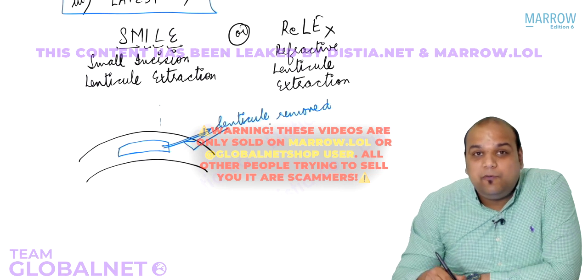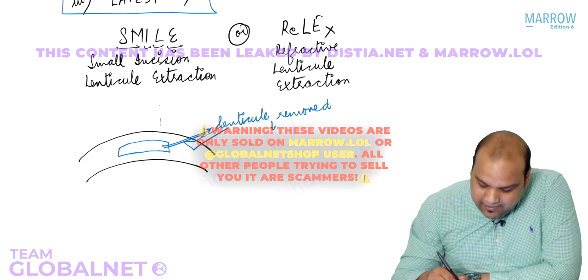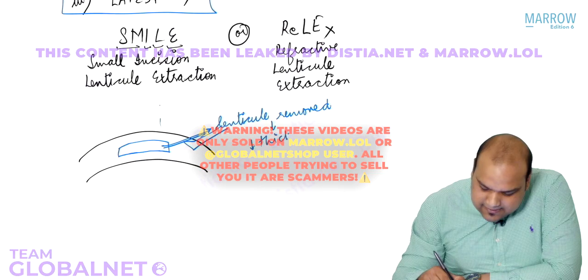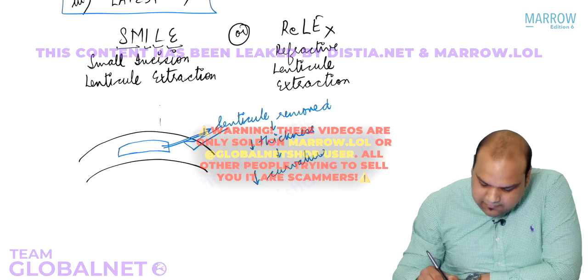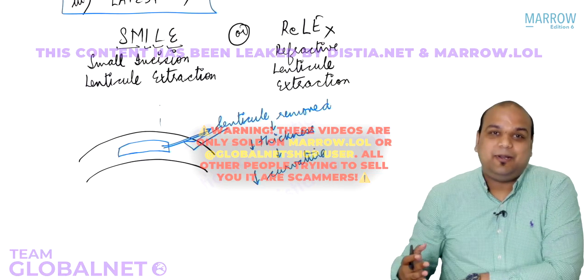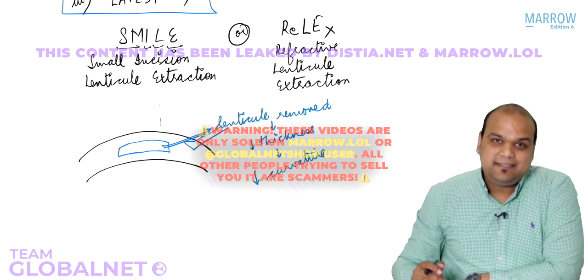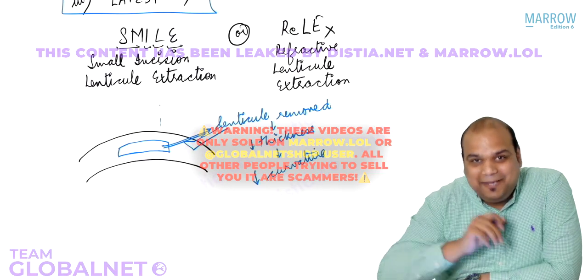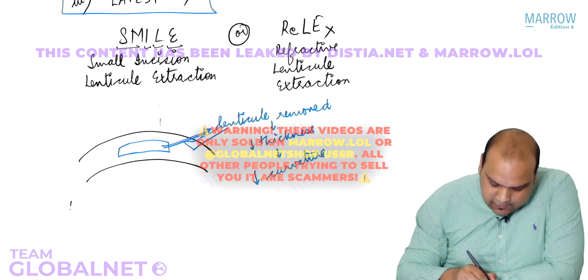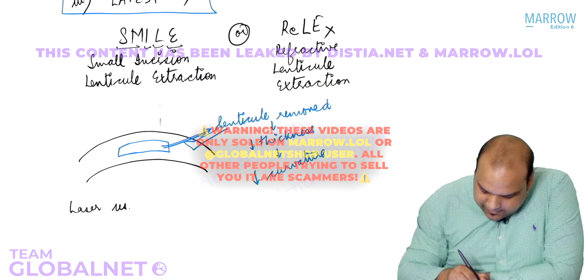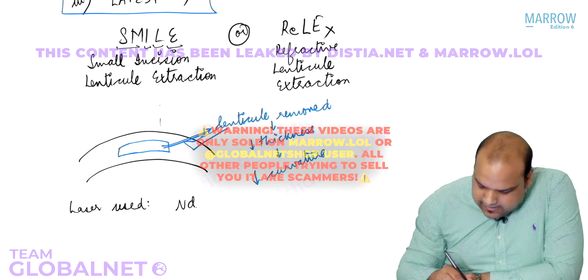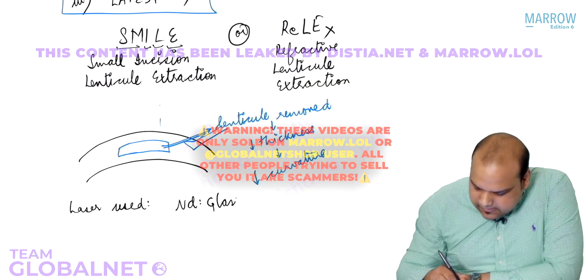When this lenticule is removed, what have I done, everybody? I have decreased the thickness, and thus basically I have decreased the curvature. Yes or no? I have flattened the cornea. I hope you understand this. Yes? So I am doing the same thing, but the laser used in this case is ND glass. Yes.